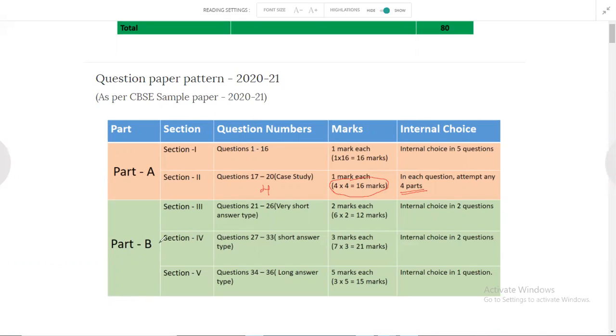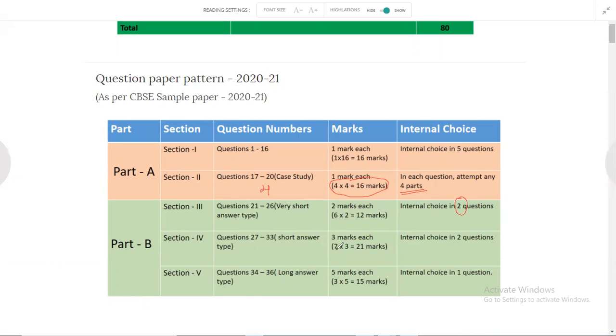Then the next is part B, which has very short answer type questions of 2 marks, short answer type of 3 marks, and long answer type of 5 marks. This time there will not be any 6 mark or 4 mark questions. There will be 6 questions of 2 marks, with internal choice in 2 questions.